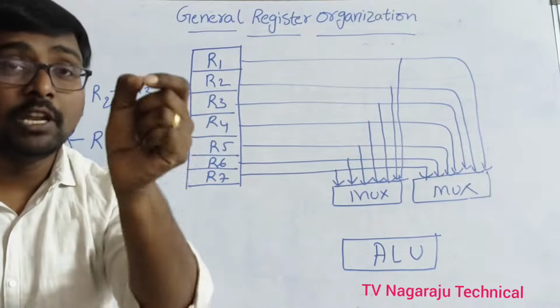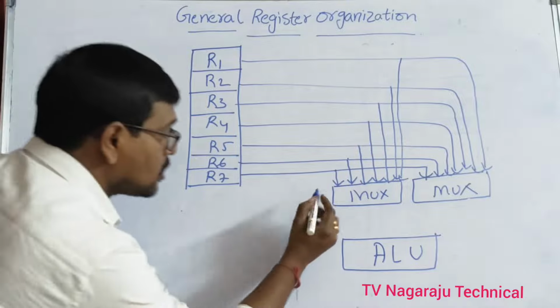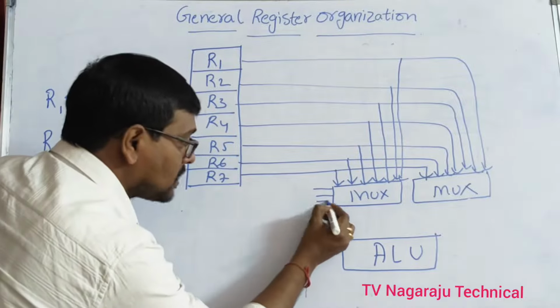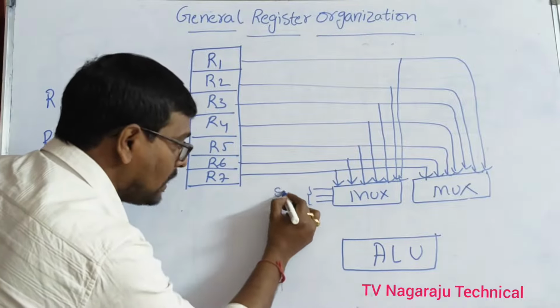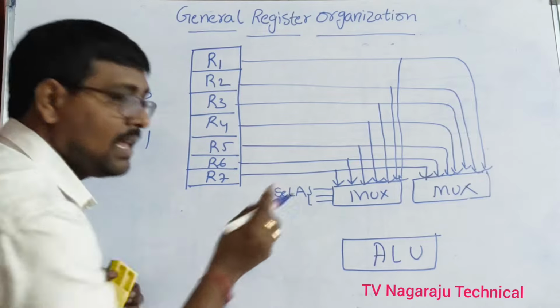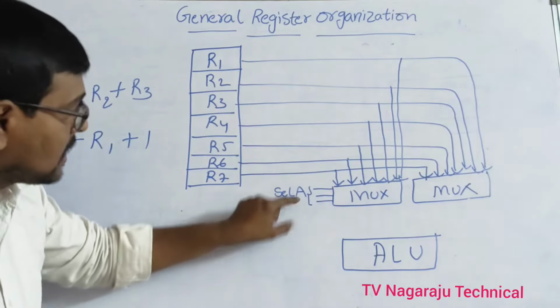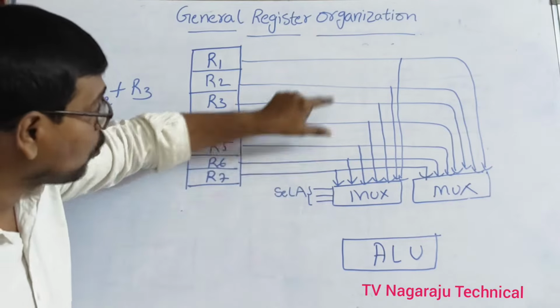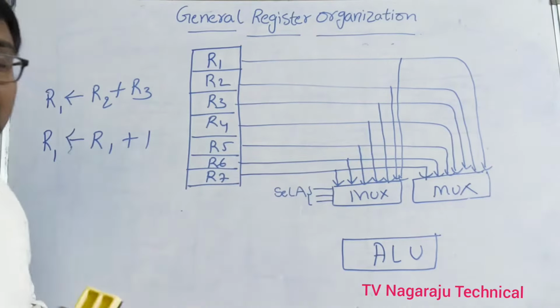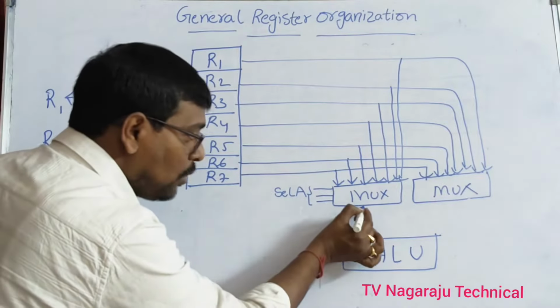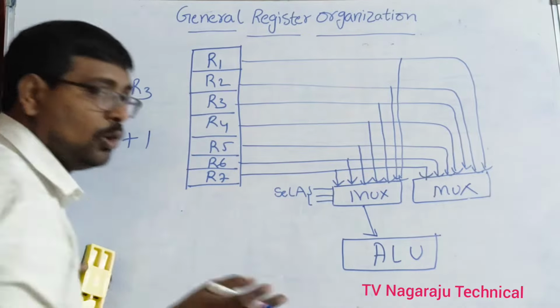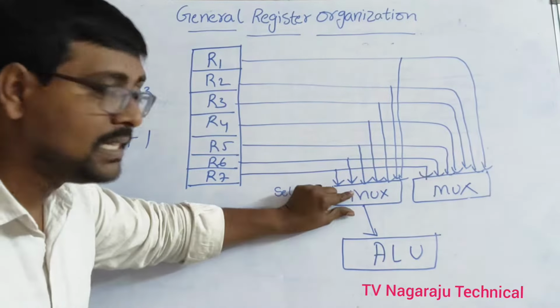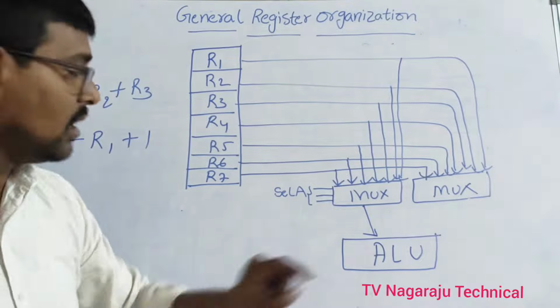Now which register is to be selected? For this multiplexer, I have one selection line, selection A, SELA, which specifies it. So it selects one register among all the 7 registers. Whatever we select is moved to the ALU. Simply, this is one input to the ALU.